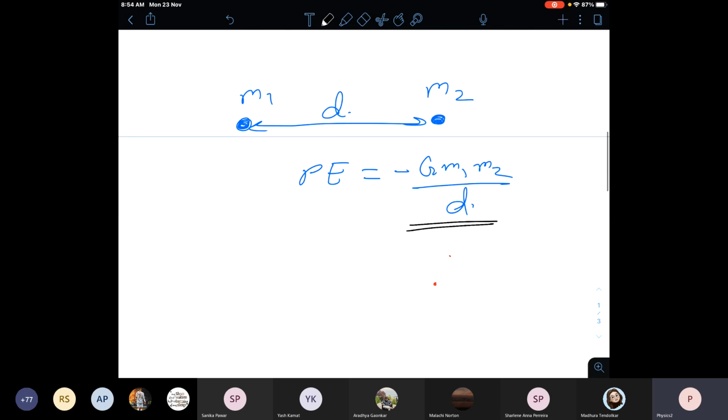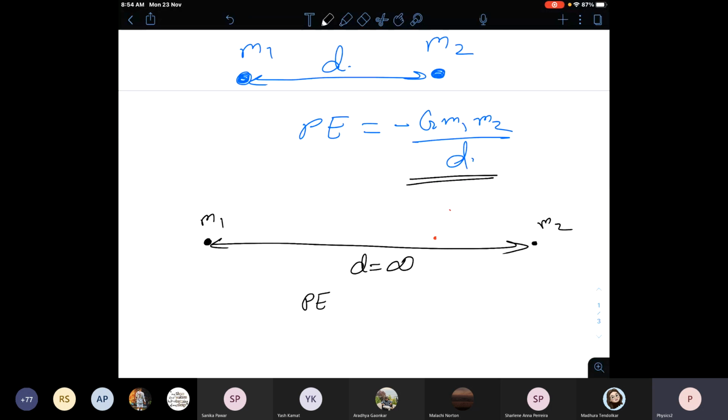Now what I am saying is that the separation between m1 and m2 becomes so large that it becomes infinity, and our d becomes infinity. If d becomes infinity, the potential energy formula is still applicable, still valid. So I will write minus G m1 m2 by d, but now the value of d has become infinite.